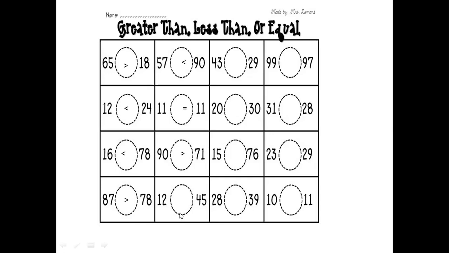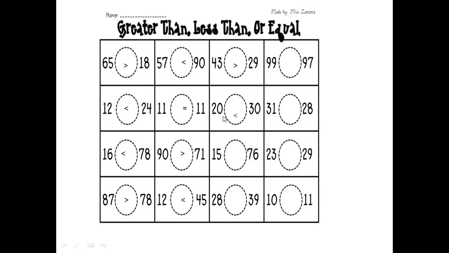Very good. Next, 12 and 45. 12 is small. So you will say that 12 is less than 45. 43 and 29. 43 is greater than 29. Yes. Next, 20 and 30. 20 is small.